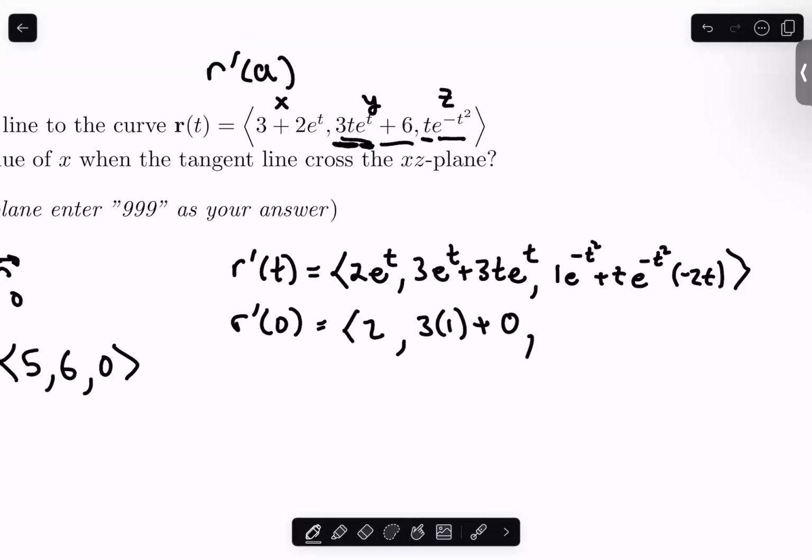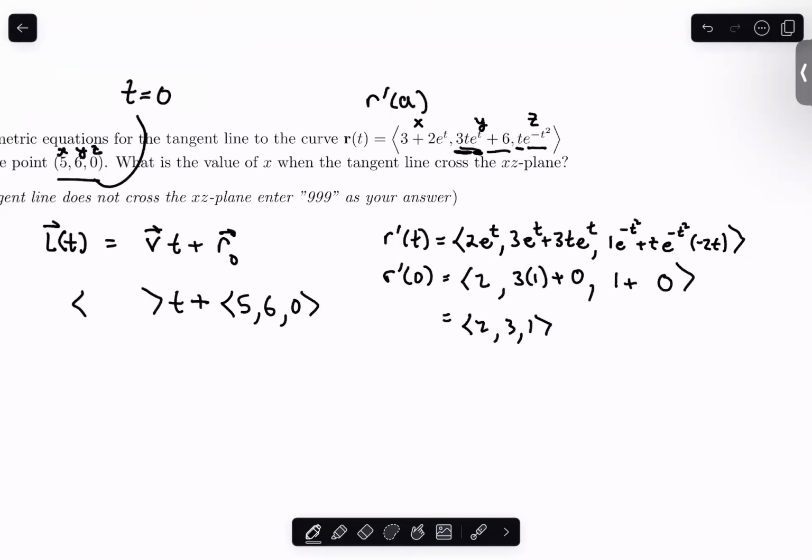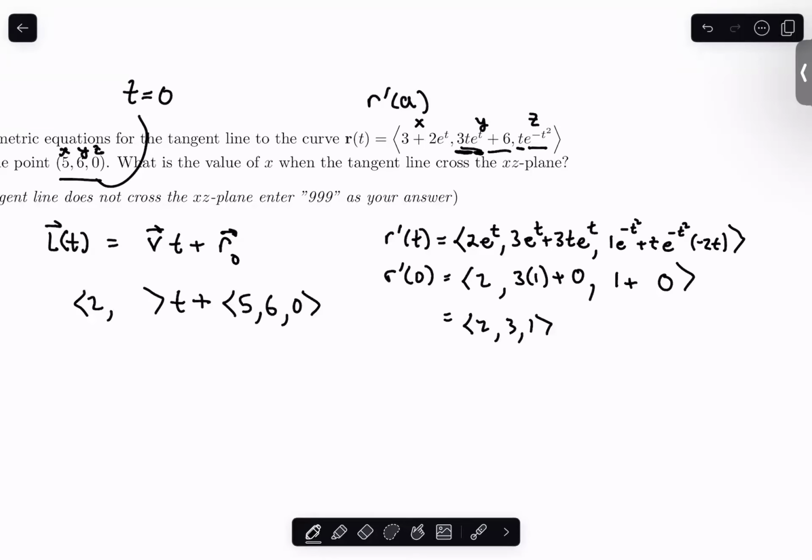And then I'm going to have 1 plus, and again, I'm plugging in 0 everywhere I see a t. So I get 0 times a whole bunch of stuff there at the end. And so it looks like my direction vector is going to be 2, 3, 1. So when time is 0, the curve is headed in this direction. So this right here ought to be my direction vector for my tangent line.